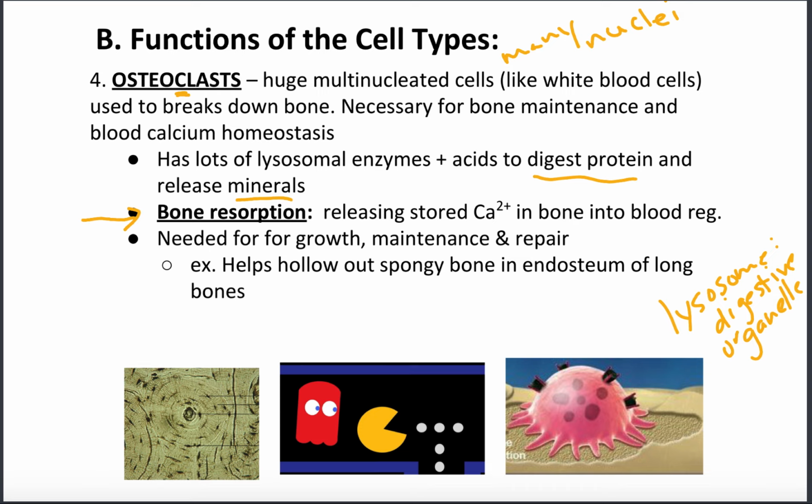When it's trapped, it can no longer make more bone, and its only option is to maintain the bone. It becomes an osteocyte. And the osteocyte will remain there until you either die or want to remodel the bone, as in renew the bone and clean it up.